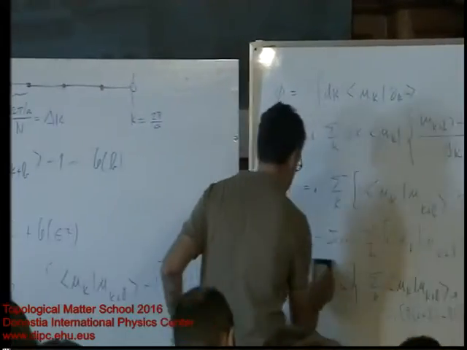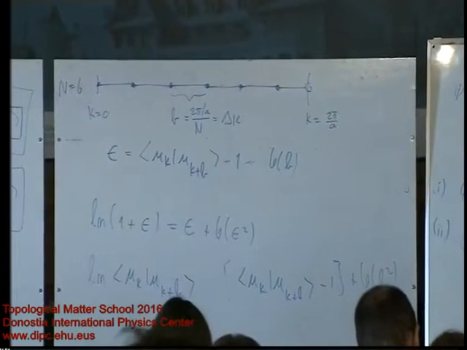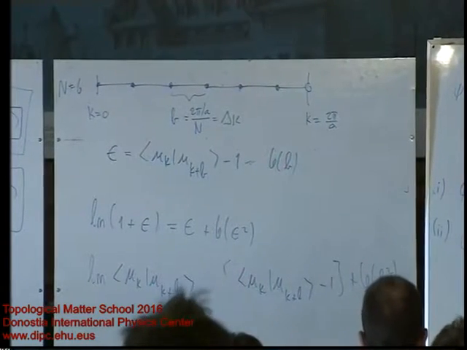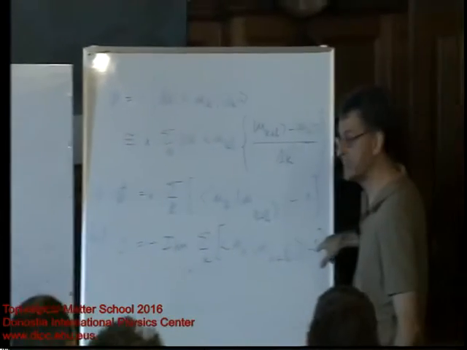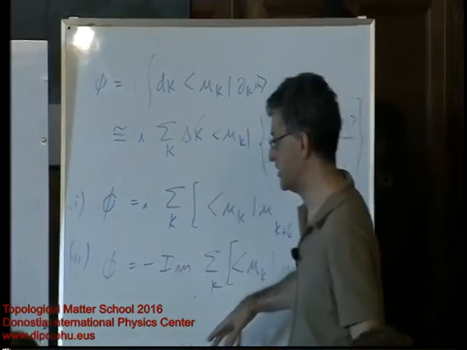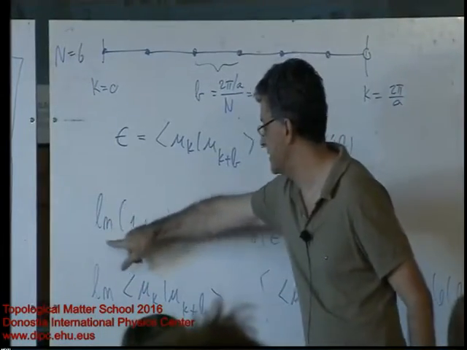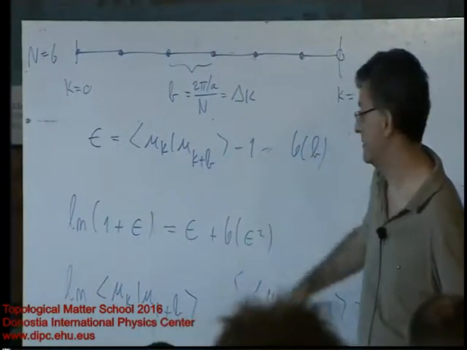So let me maybe erase this. I want to go from here to a new expression where I replace the quantity in square brackets by some other quantity that is the same up to linear order in B. And that's going to be that. The argument is this Taylor expansion. Okay?